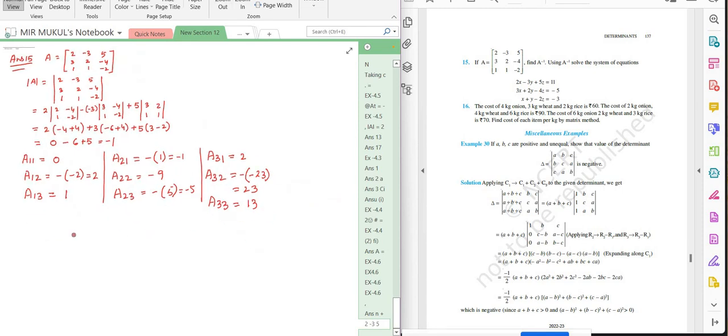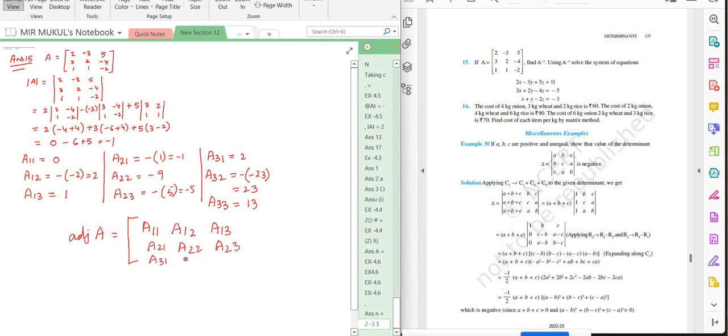Now adjoint of A equals, first you will write the formula. Why? By chance if you make a mistake, at least you will get step marks. A21, A22, A23, A31, A32, A33.